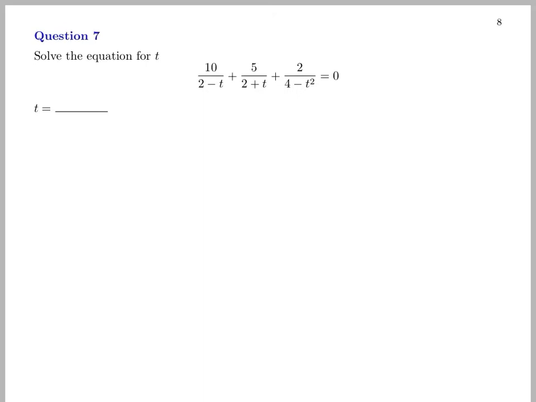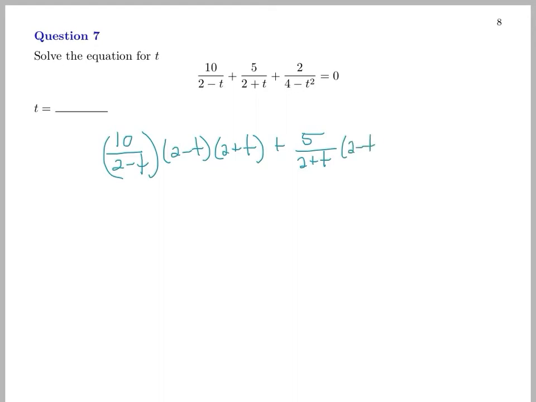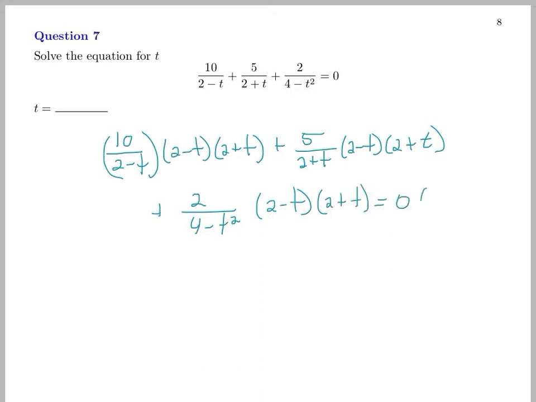Right, so what I'm going to do is write 10 over 2 minus t times 2 minus t times 2 plus t plus 5 over 2 plus t times 2 minus t times 2 plus t plus 2 over 4 minus t squared times 2 minus t times 2 plus t equals 0 times 2 minus t times 2 plus t.